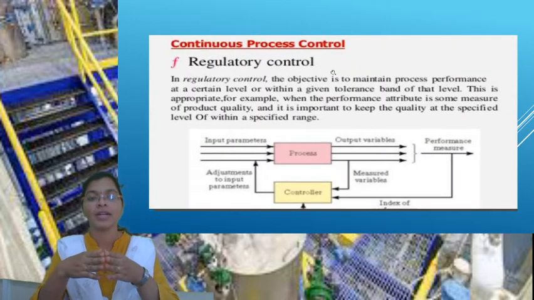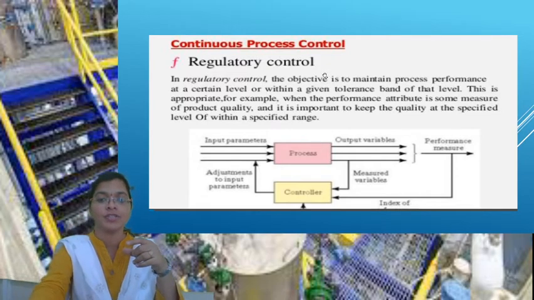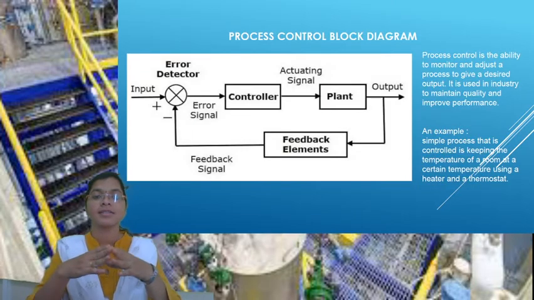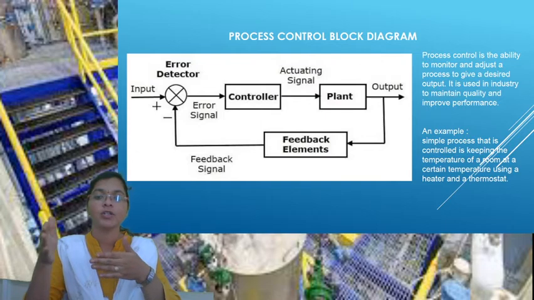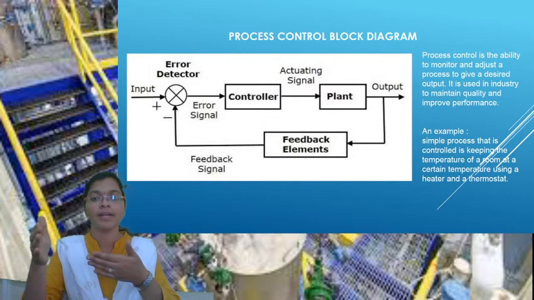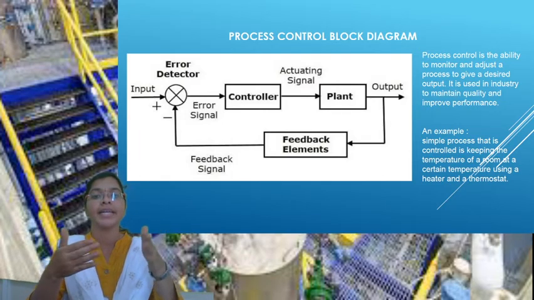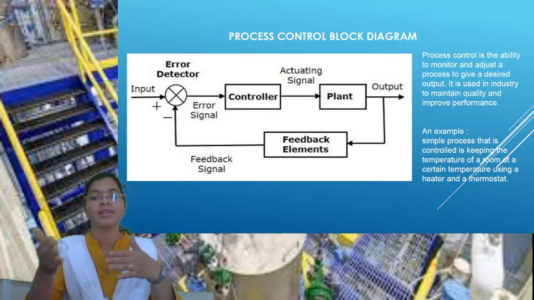Previously we saw the block diagram of process control instrumentation, which is like one process. I'll show that diagram. This has a plant that will generate an output. In order to control any output or any particular desired value, you need to measure it and compare it. The controller will take the decision, and that will affect the plant.